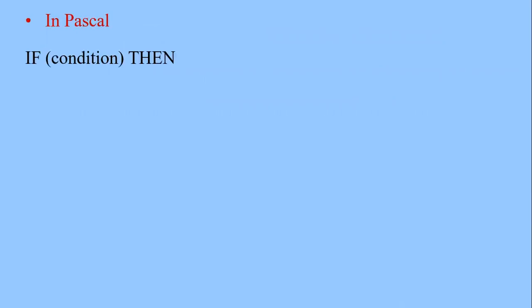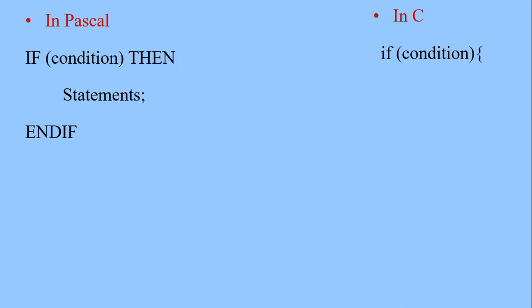In Pascal, we write it as: if condition then execute the following statements, and then end if. In C, we write it as: if condition, execute the following statements, and then end. My dear students and the rest of the learners, remember we said that in C, everything is in lowercase.